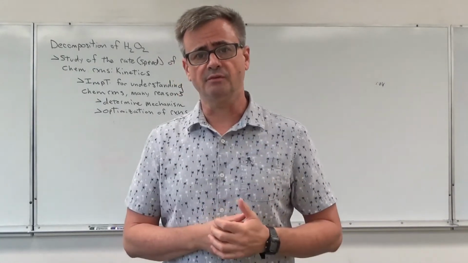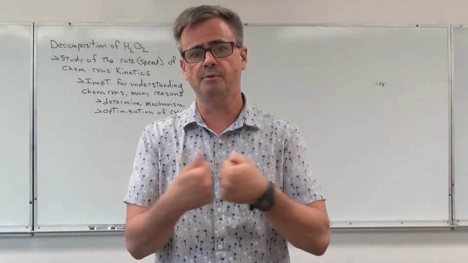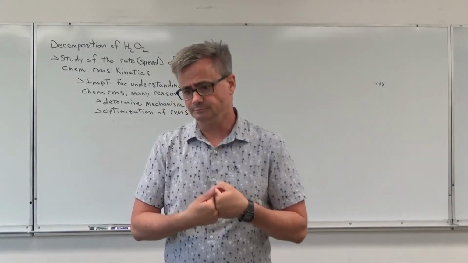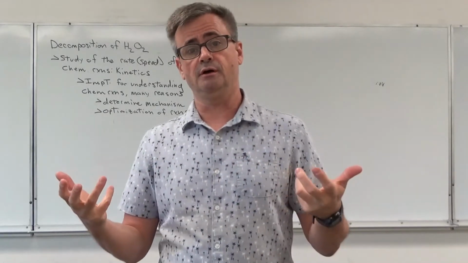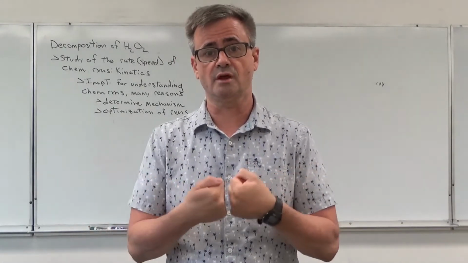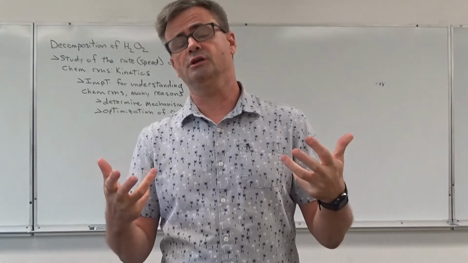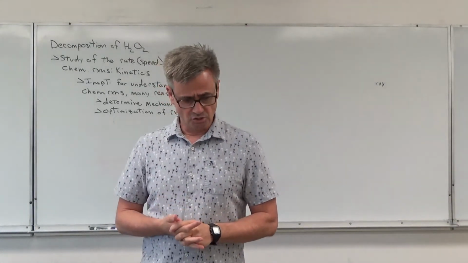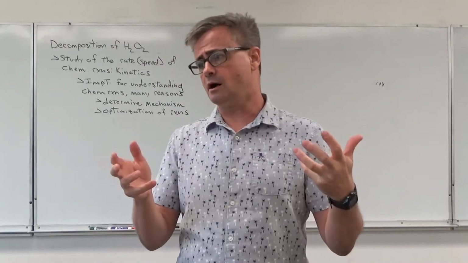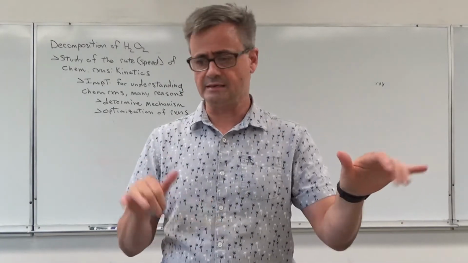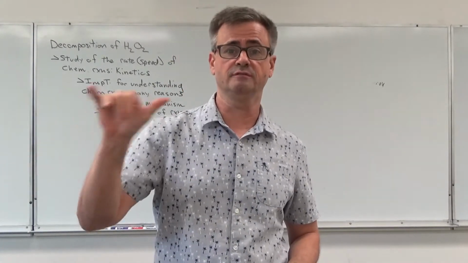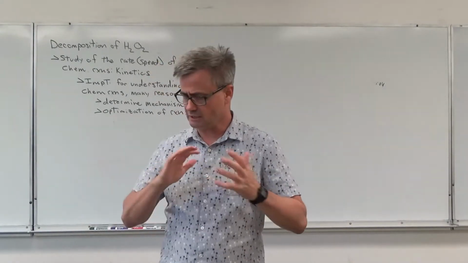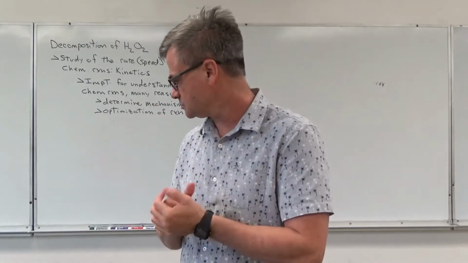We often talk about the collision model. Reactions happen because molecules collide with each other, okay? So in general, the lower the concentration of those reagents, the fewer collisions there are, and the slower the reaction is going to be, okay? So a rate law tells us what the rate is given the current concentration of the reagents. Okay, that's a general definition. A lot of details in there, and I'll go into those details.